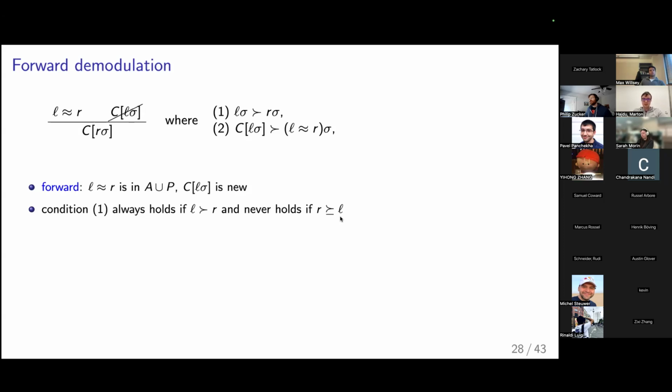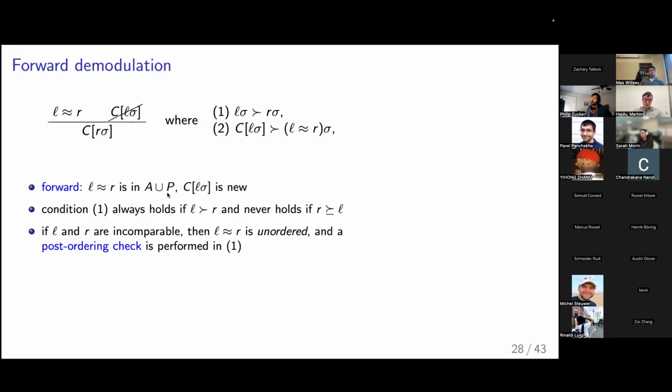So these two cases are easy to check because we can basically pre-process this when putting L equals R into the active or passive set. But there is the remaining case when L and R are incomparable. In this case, we say that the equation is unordered, and we have to perform a so-called post-ordering check in this condition. It's a post-ordering check because we have to check the ordering condition after applying the substitution.